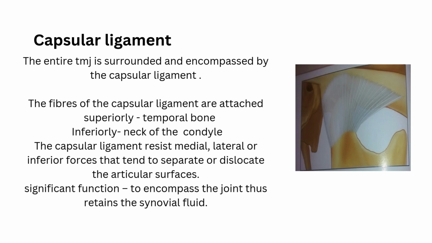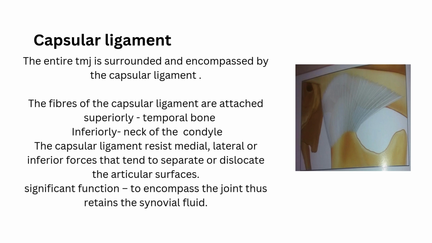Let's talk about the capsular ligament. The word capsule itself suggests that the TMJ is surrounded by something, correct? So basically the capsular ligament is the ligament which completely surrounds the temporomandibular joint. Okay, this is a fibrous ligament and is attached superiorly to the temporal bone and inferiorly to the neck of the condyle. And what does this capsular ligament do?